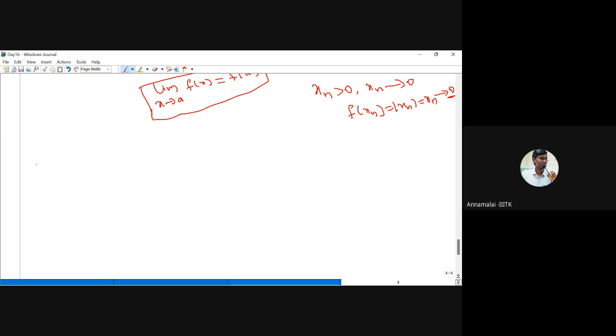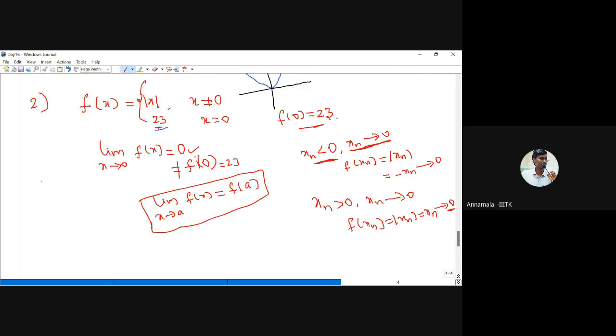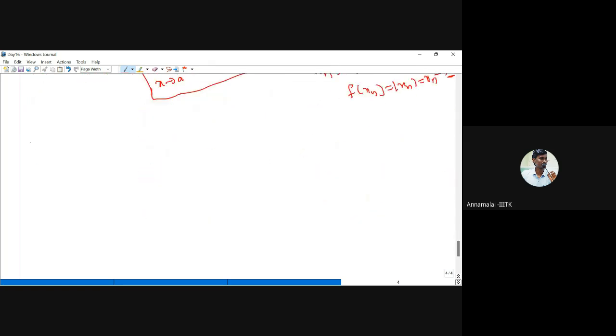So, the fourth or third example. What is the limit as x goes to 0 of 1 by x square? Can anyone answer? Limit x goes to 0, 1 by x square.